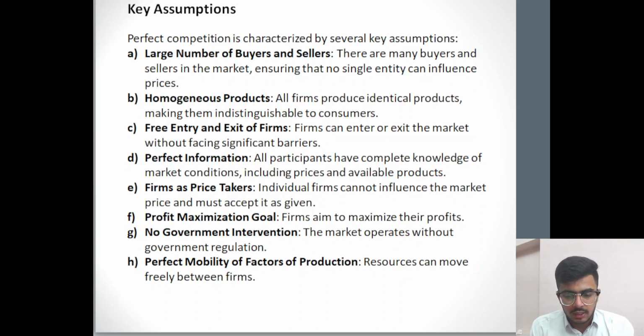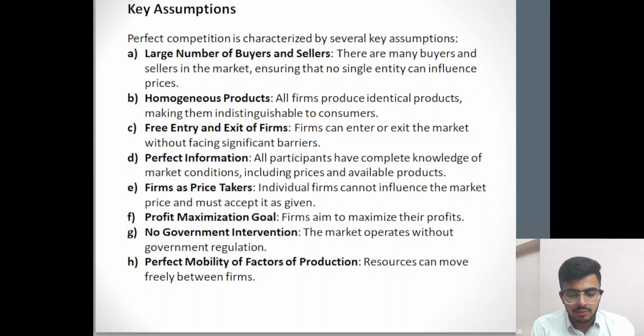Now, some key assumptions of price and output determination under perfect competition. Numerous buyers and sellers, which prevents individual influence on prices. The second one is homogeneous products, identical products offered by all firms.